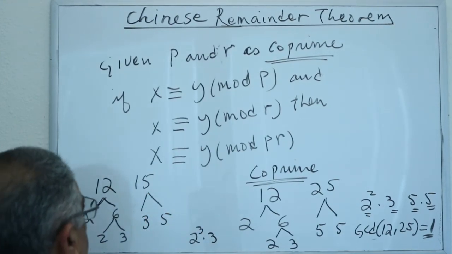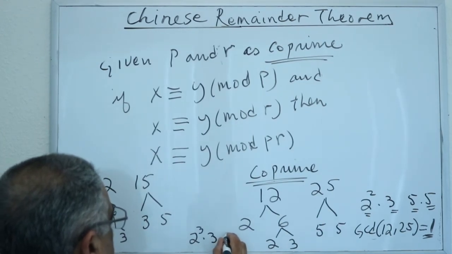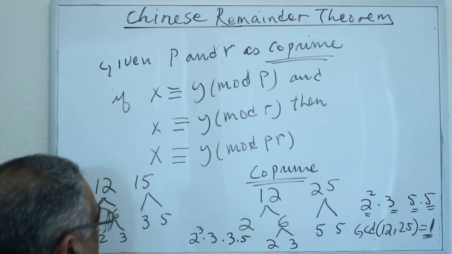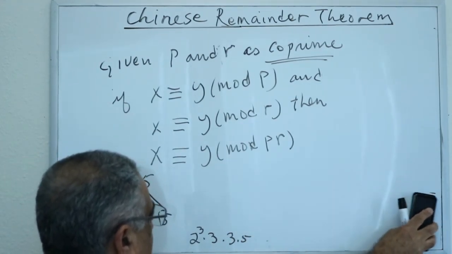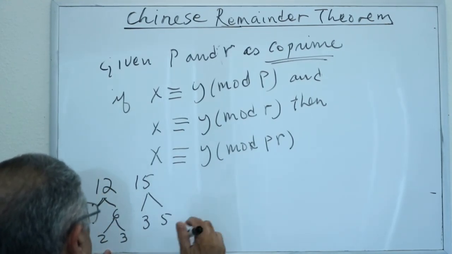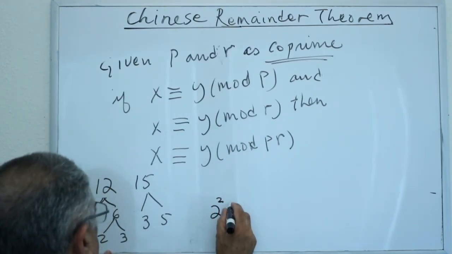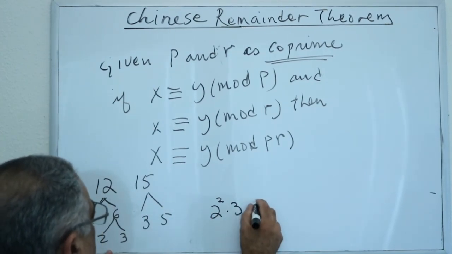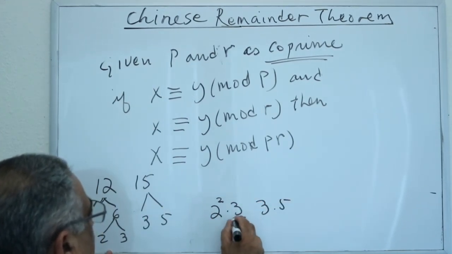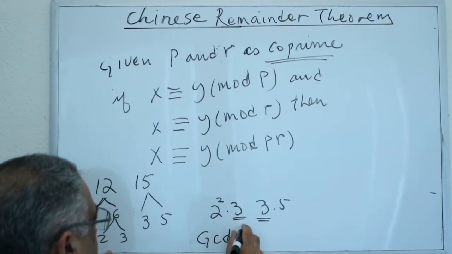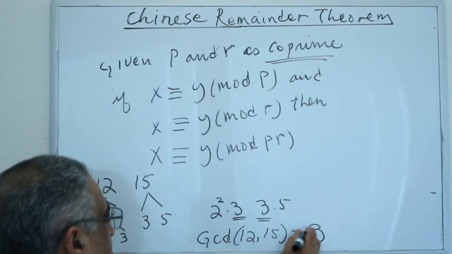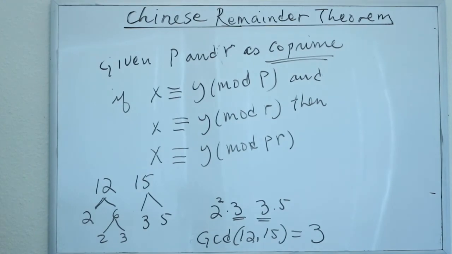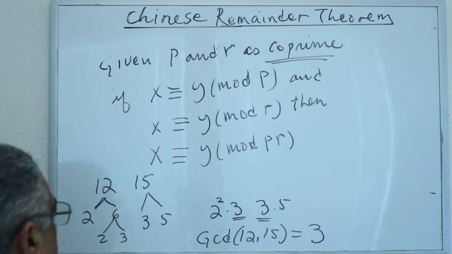It's 3 and 5. Looking at the factors for 12, which are 2 squared times 3, and the factors of 15, 3 and 5, I've got a common factor. So the GCD of 12 and 15 is actually 3. So 15 and 12 are not co-prime because their GCD is not 1.